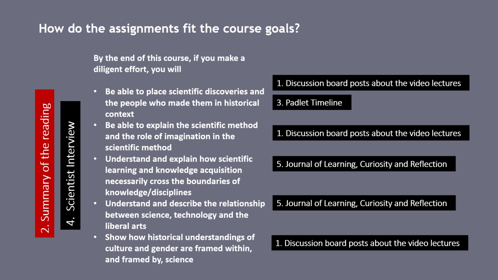The summary of the reading also crosses all of the goals of the course, and I will also say that the discussion board posts about the video lectures will in certain weeks focus on culture and gender. So this is just a model or graphic, I guess would be the best way to say it, a graphic of how the assignments fit the goals of the course.